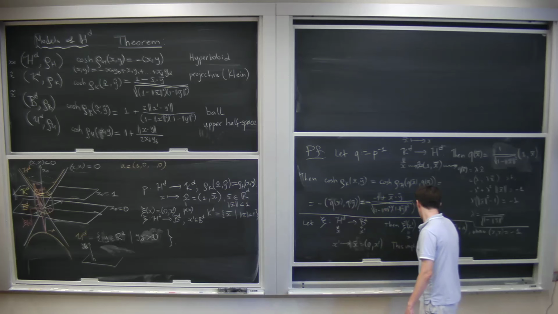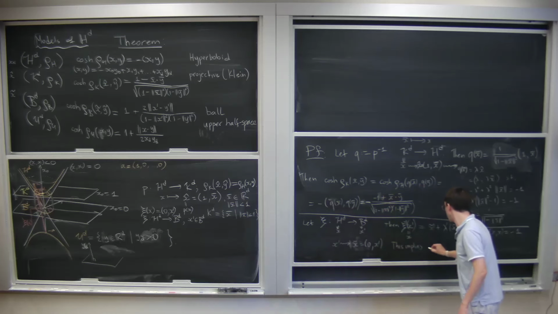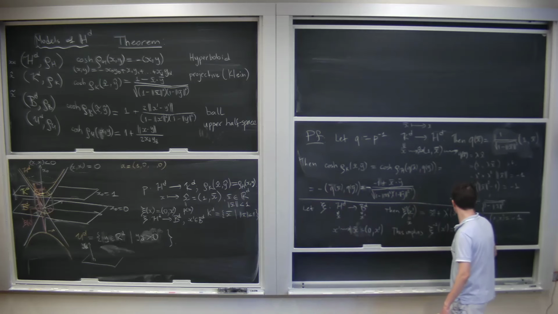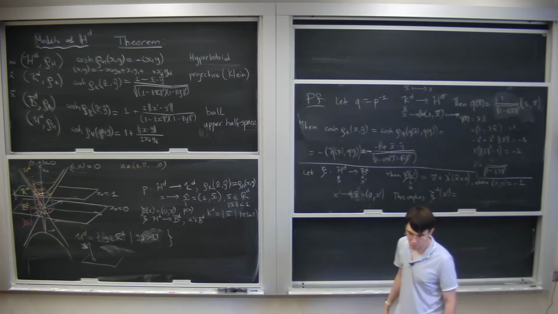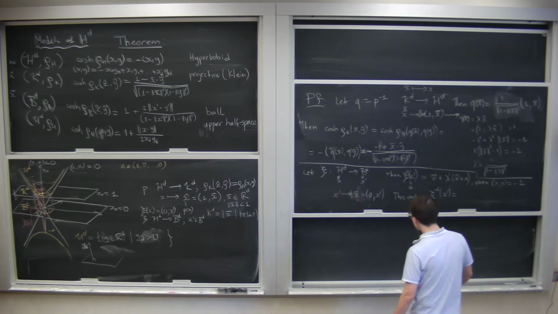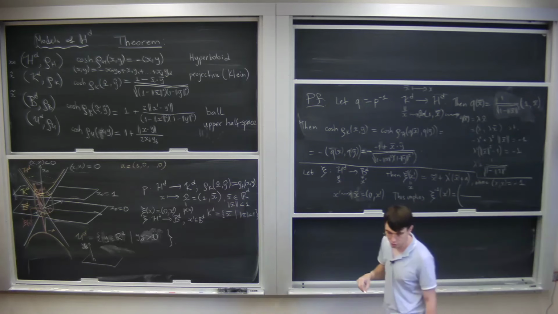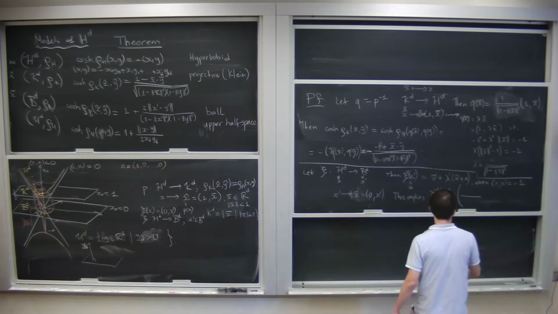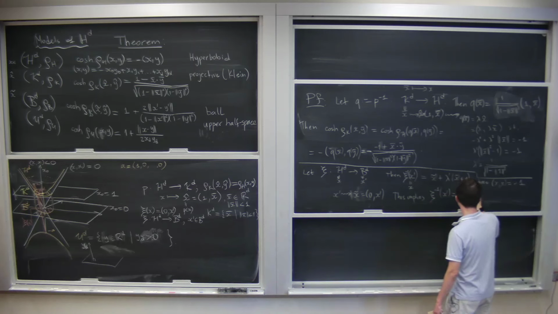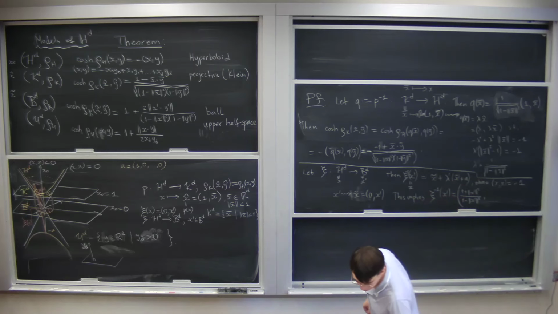This implies that psi inverse of x prime, okay, it is the following set of coordinates. The 0 coordinate is the ratio of these two. It is 1 plus the Euclidean norm of x prime squared over 1 minus the Euclidean norm of x prime squared.